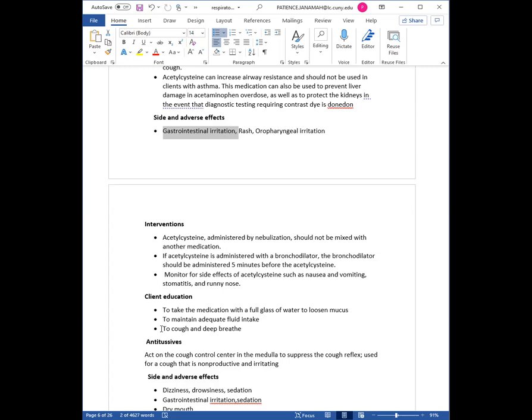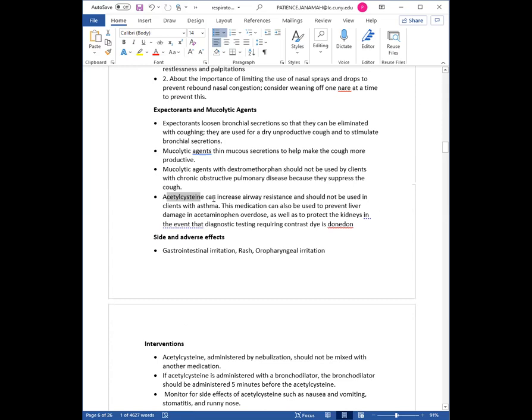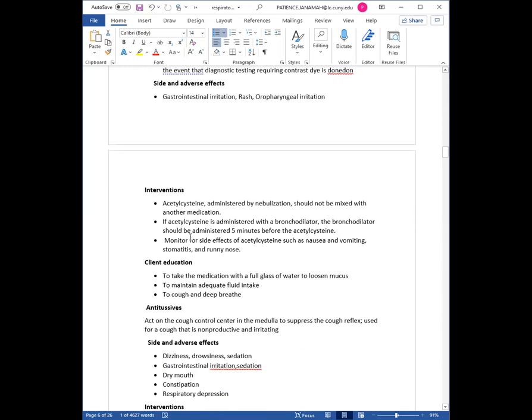Intervention: acetylcysteine is one of them. It's administered by nebulizer, which should not be mixed with another medication. I think they have another name for acetylcysteine that will be more familiar, but you need to know that it is one of the expectorants. It can increase airway resistance and should not be used in clients with asthma.